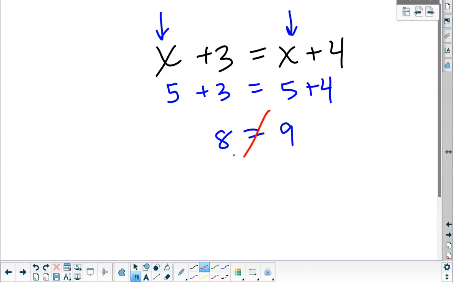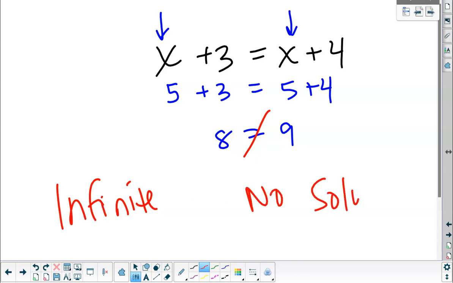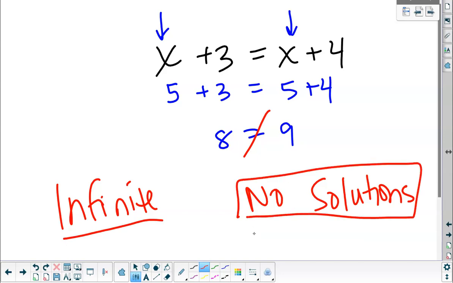So these two situations are known as infinite solutions and no solutions. So infinite solutions happens when any number can be substituted for x and it will work. And no solutions is when any number that you substitute in will never work.